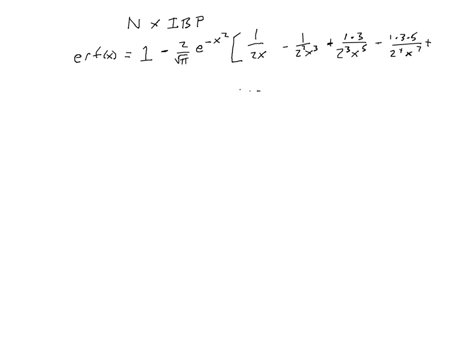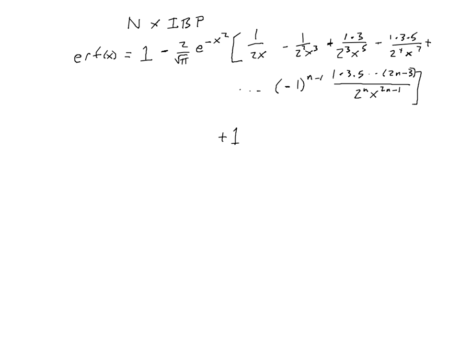And then you're going to have several more terms, and then you're going to have a minus 1 to the n minus 1 term, 1 times 3 times 5, all the way up to 2n minus 3 over 2n x to the 2n minus 1.